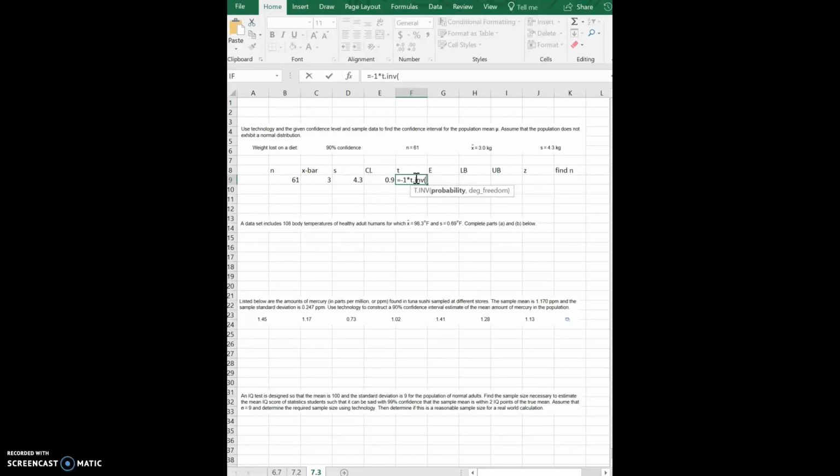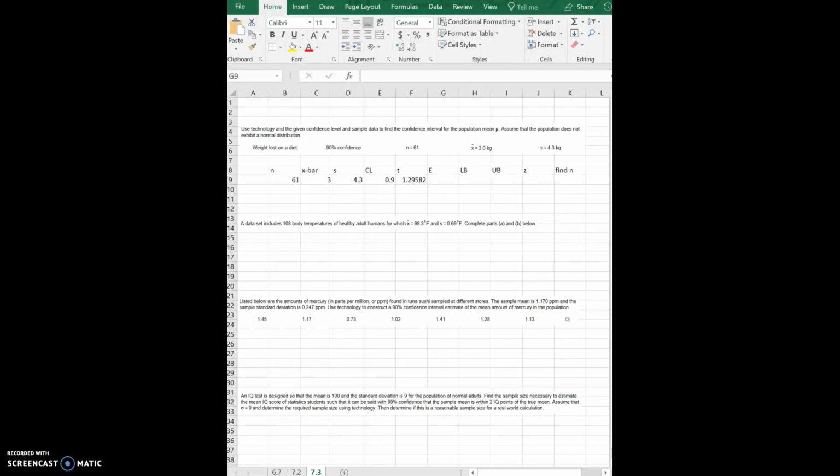And the nice thing is it'll come up and tell you what you're doing. So you're going to do 1 minus this because this is to the right, we went to the left. Common degree of freedom. Your degree of freedom is just n minus 1. There's your t value.